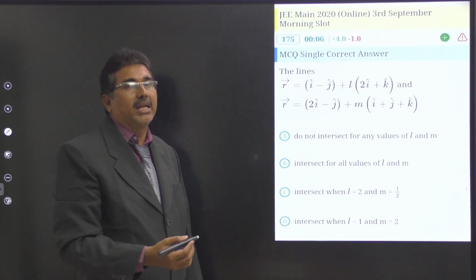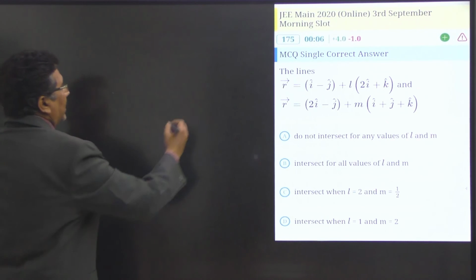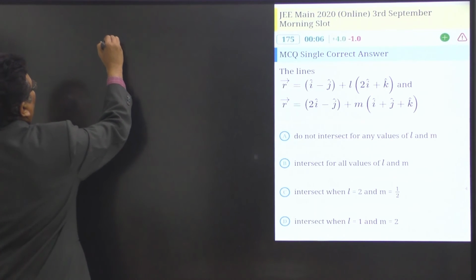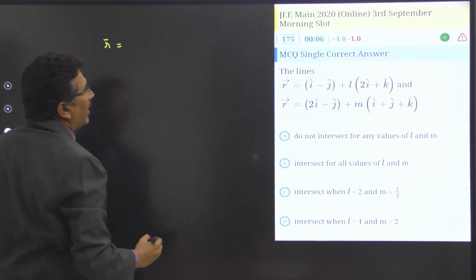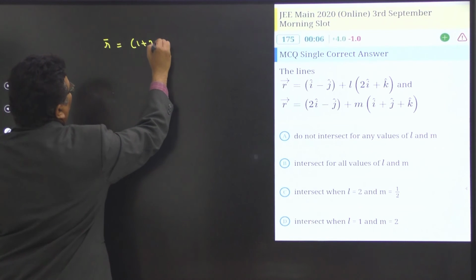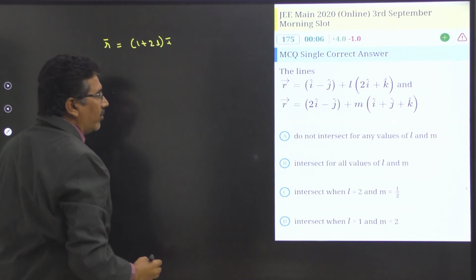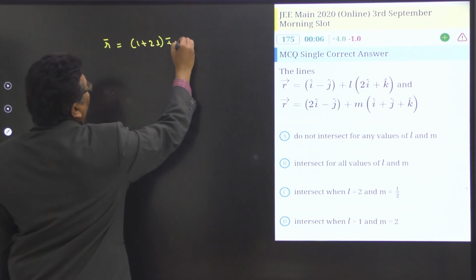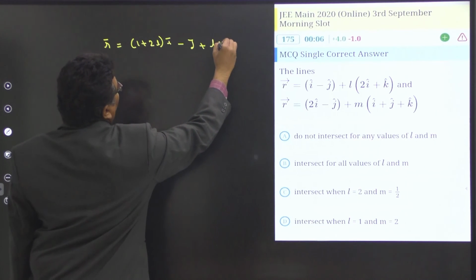For calculating the intersection point of these two lines, first write the given lines in vector form. That is, take I bar as common: 1 plus 2L into I bar minus J bar plus L into K bar.